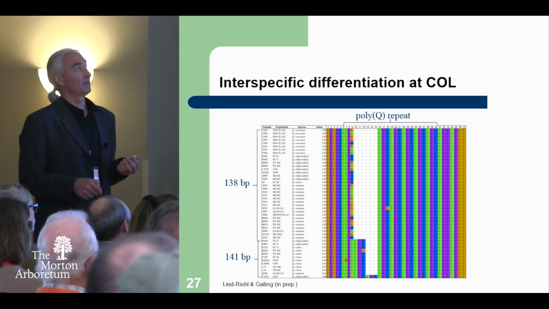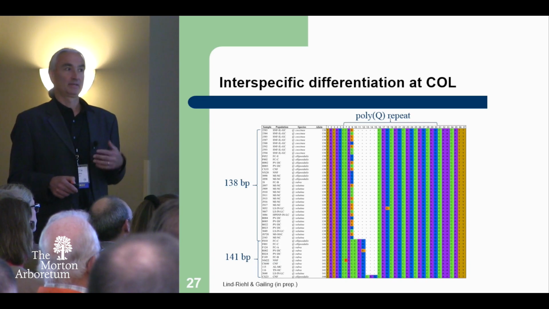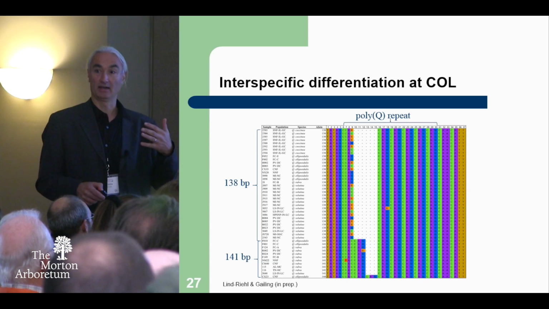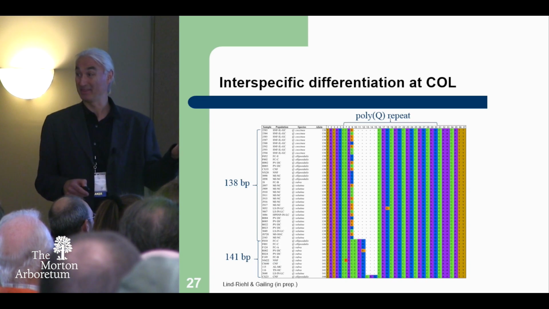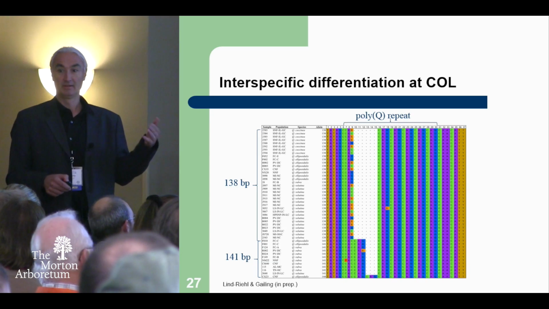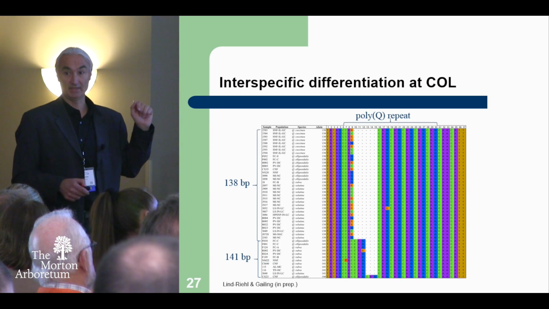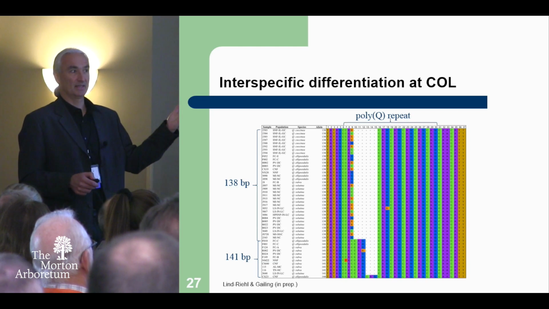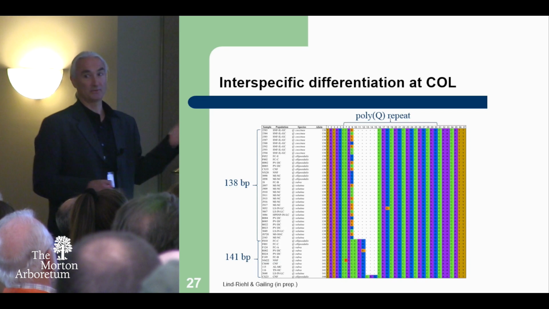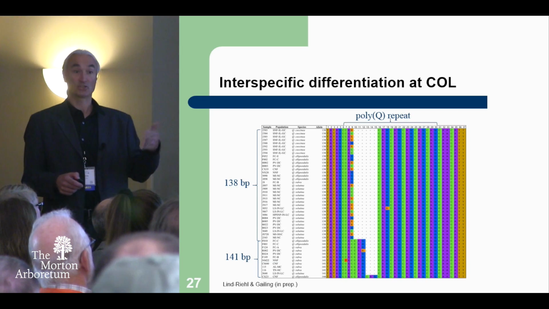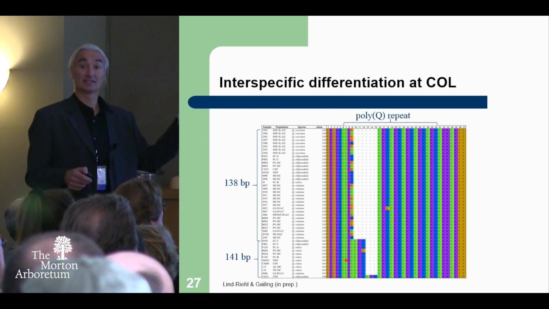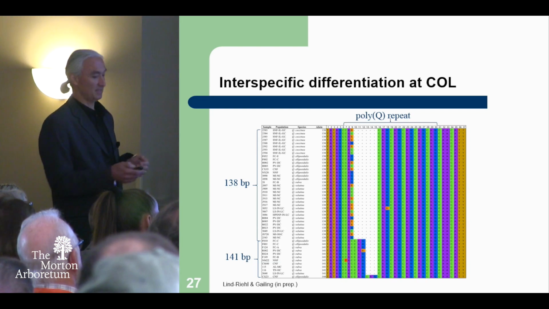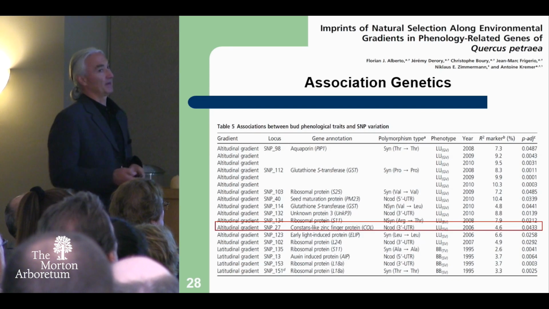And we know that this poly-Q repeat is important for genetic disorders in humans, but there is not much known about this poly-Q repeat in plants. But it's a very surprising result that a difference in the coding region shows such distinct differences among species with different adaptations to drought.